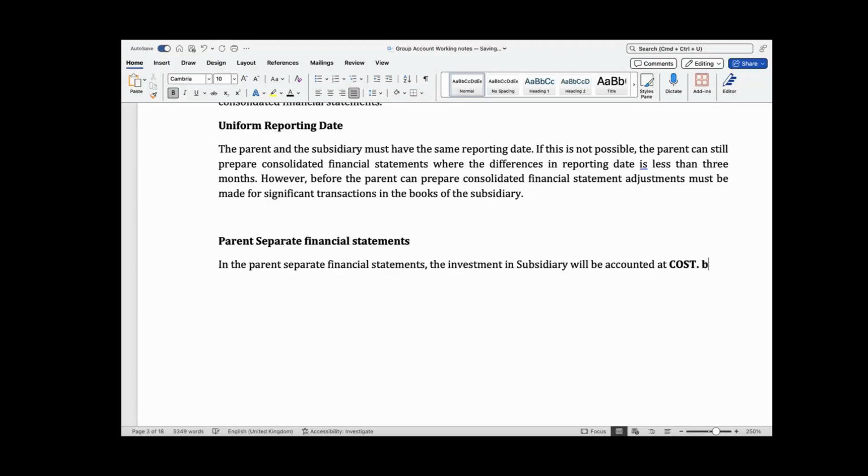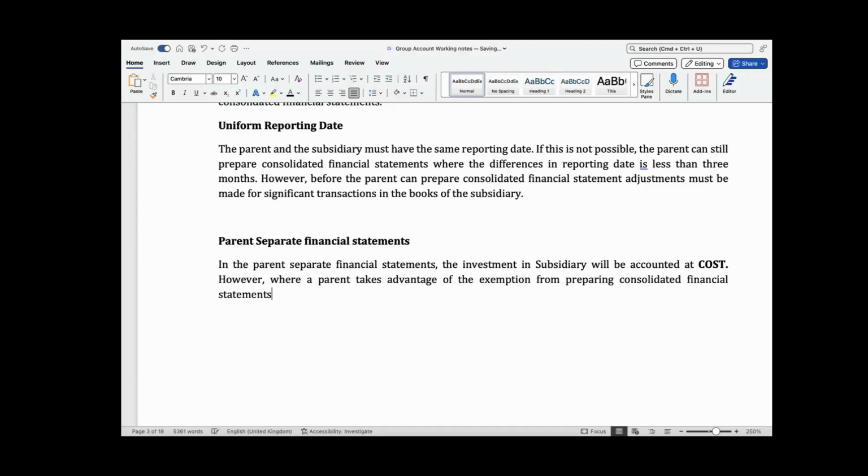However, where a parent takes advantage of the exemption from preparing consolidated financial statements, it must disclose the following.